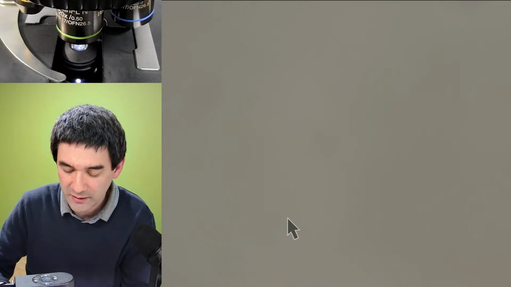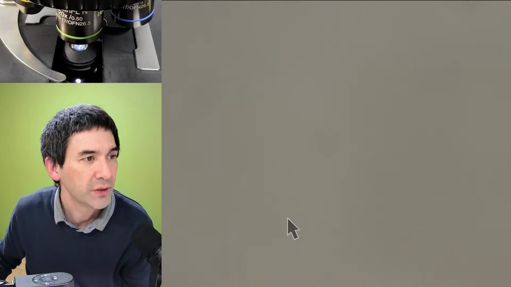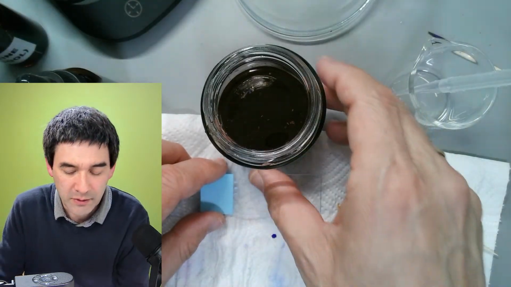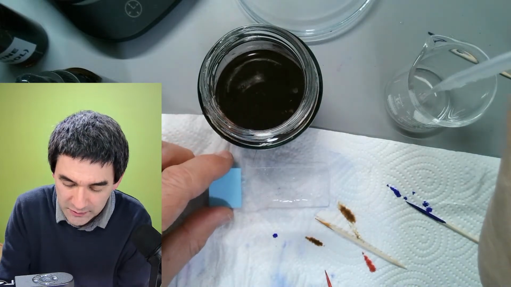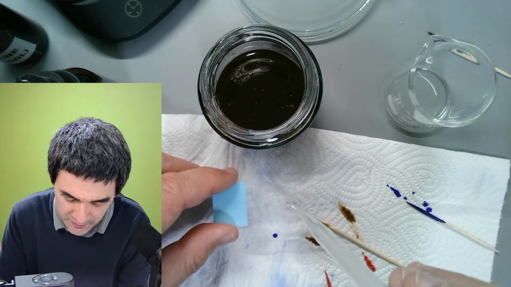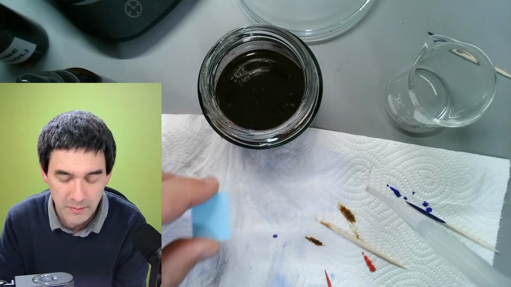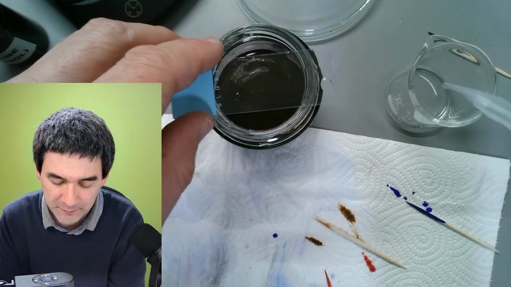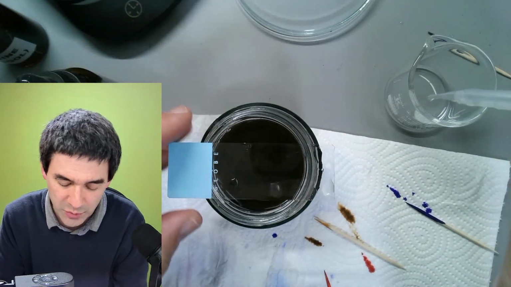This was actually quite an interesting observation, because it shows that you can do a microscopy quality check here. So I'm going to add some alcohol again, and maybe wait a little bit for the alcohol to do its work.